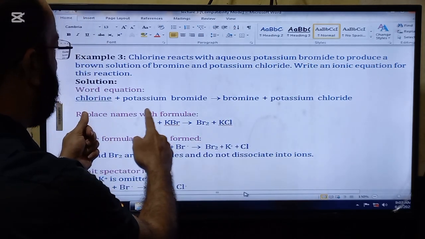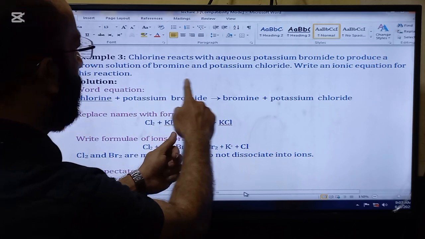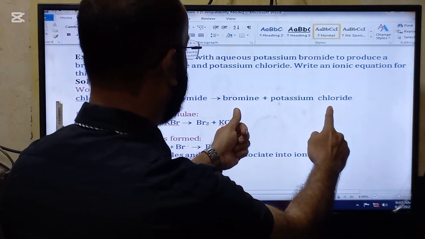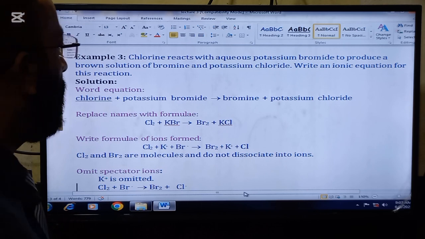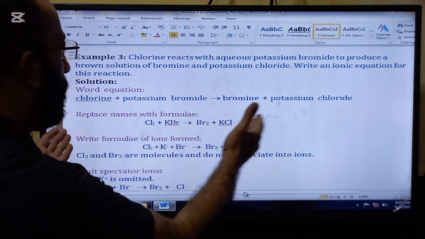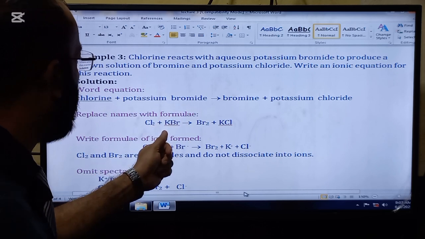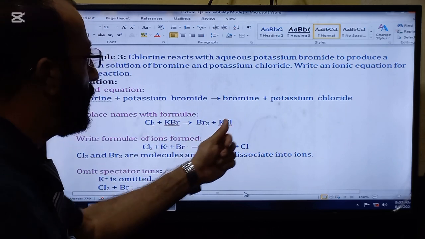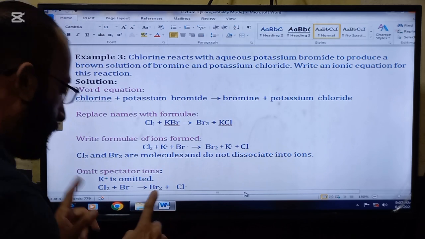So chlorine plus potassium bromide forms bromine and potassium chloride. So this is the word equation. Next step will be to write the formulas of the word equation. So chlorine is Cl2, potassium bromide is KBr, bromine is Br2, and potassium chloride is KCl.